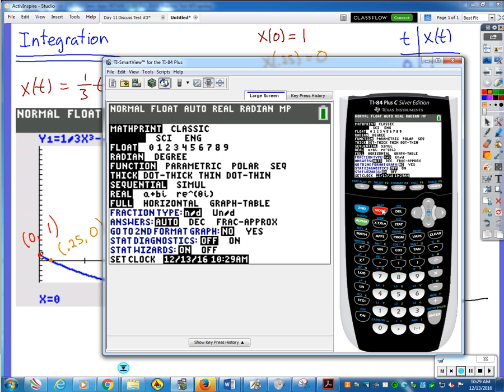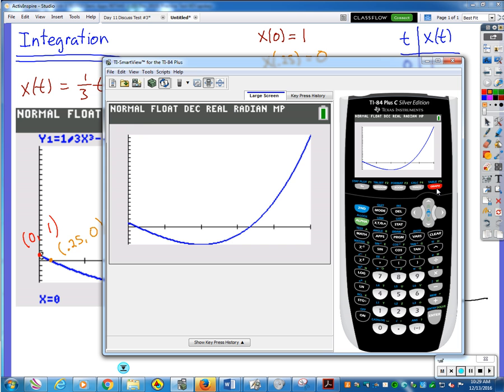Mode maybe? I want my answers as decimals. I hit the mode button. I can't remember if the regular 84 does this or not. Then go back to the graph, trace, type in 1. There we go.